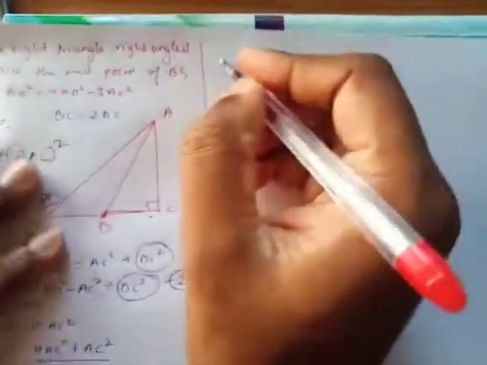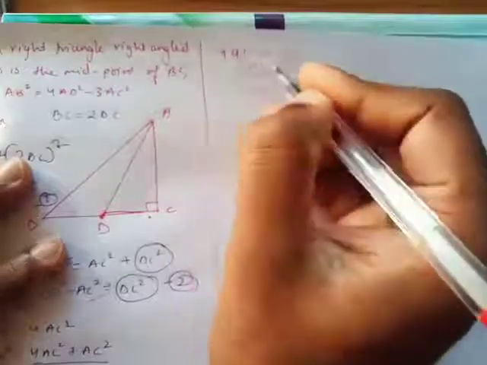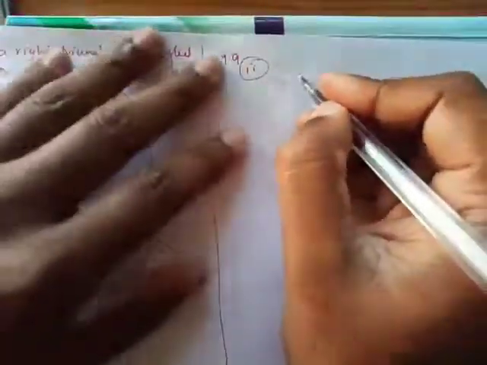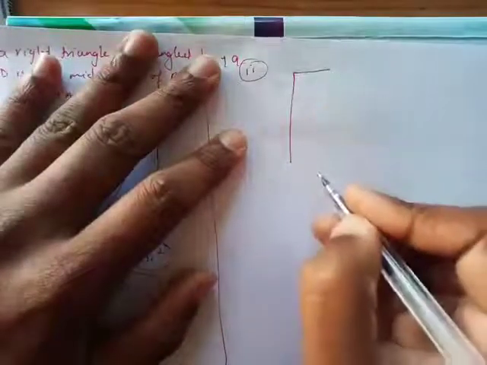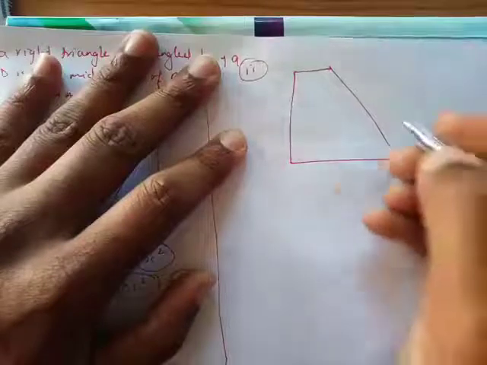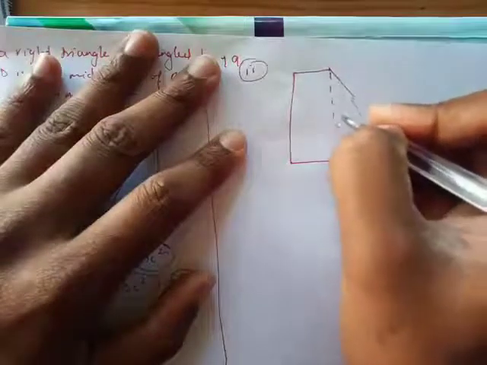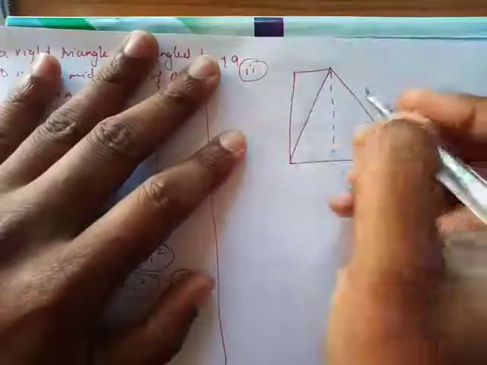Okay, let's have a look at question number 19, second part. The diagram is something like this. There's a dotted line over here, and then a diagonal is coming from here.